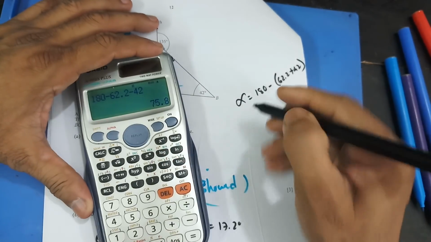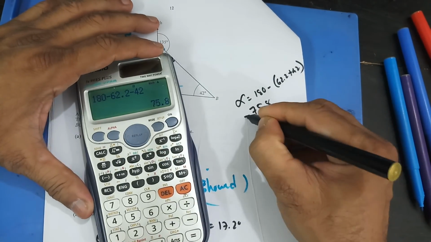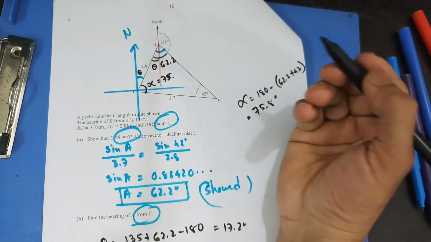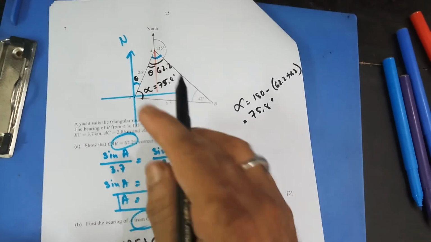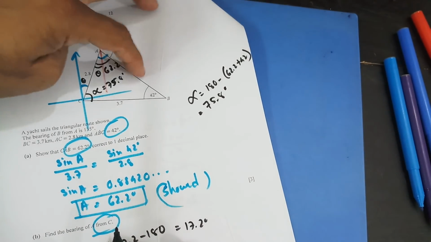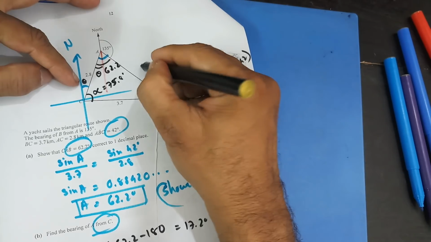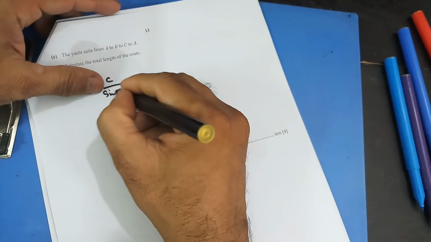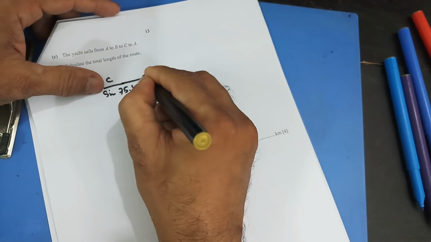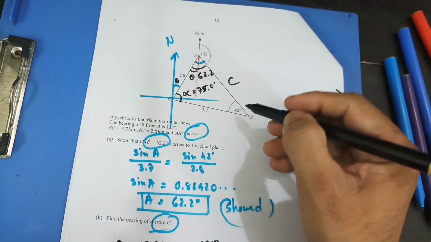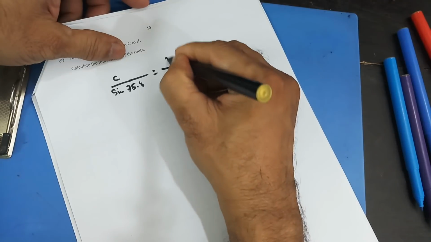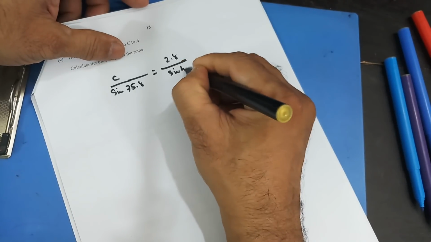So I got here 75.8 degrees. Now I need this side, the side opposite that, C. So C over sine 75.8 equals 2.8 over sine 42 degrees.